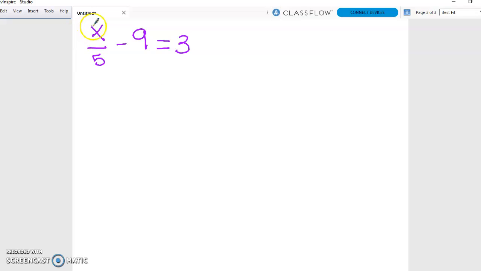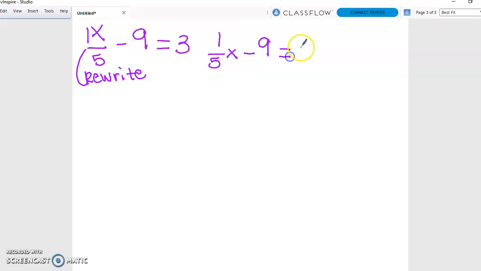Remember that this is just 1x over 5. And a simple way to rewrite this, I'm going to rewrite it as 1 over 5x. So I'm just going to push that x out to the side and make 1 my numerator, because we can do that. Okay, so just remember that you can do that.